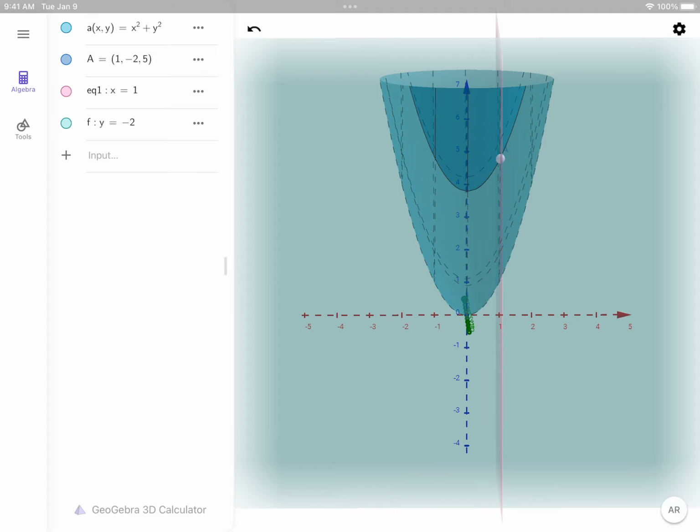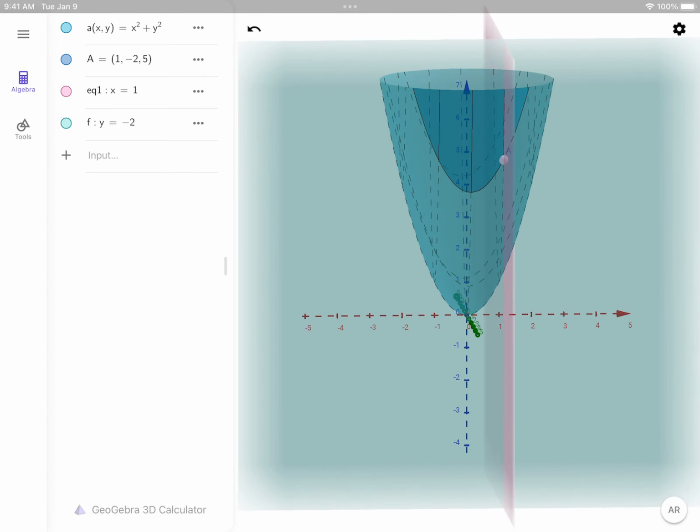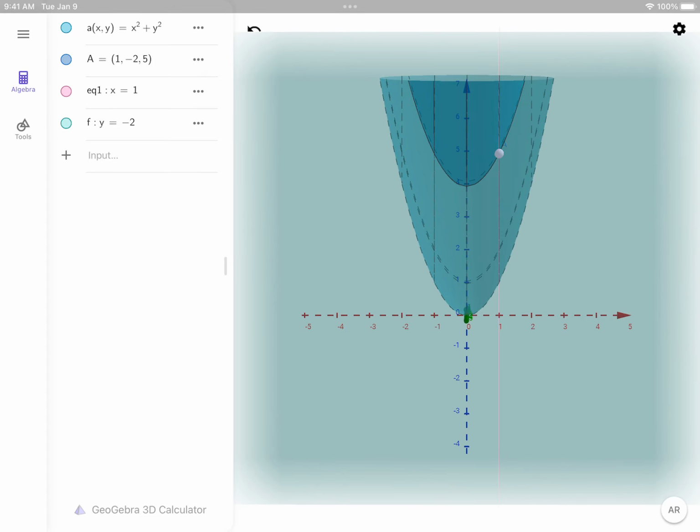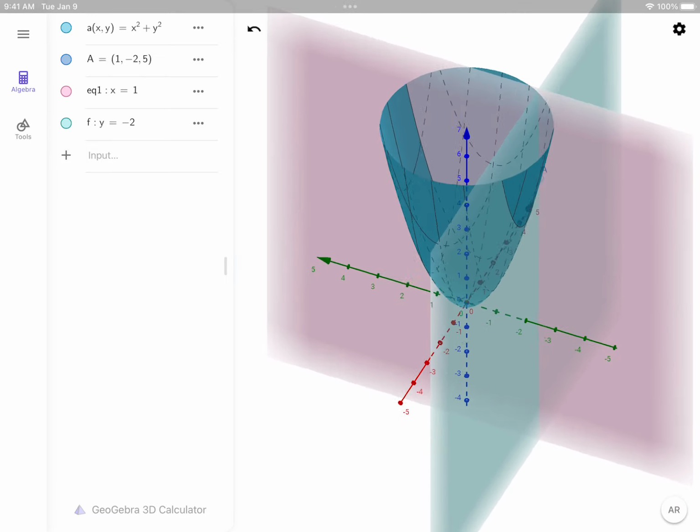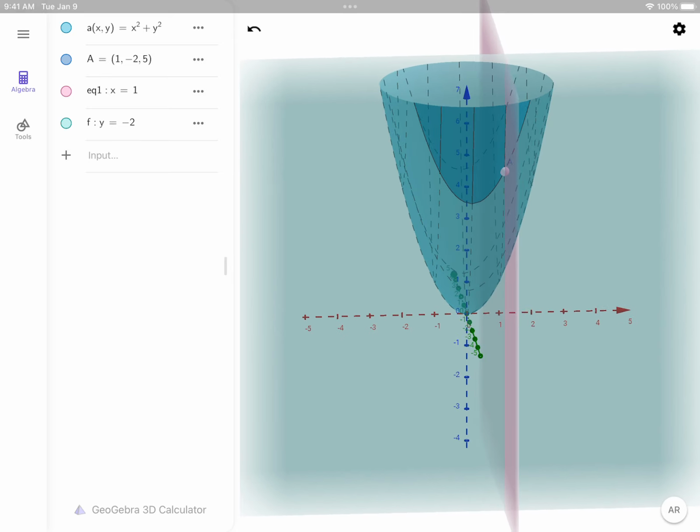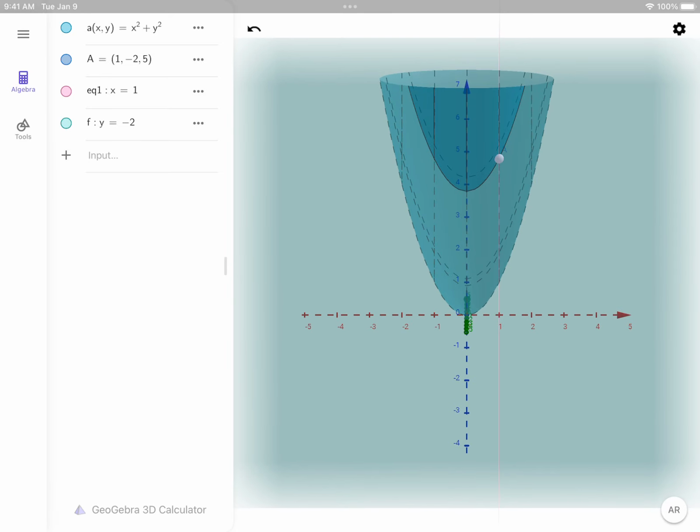So the idea here is, okay, look at this curve, all right? This plane is intersecting our surface in a parabola, right? And that point is going to have a tangent line. It's going to have some slope associated with it, and that slope is going to be positive.